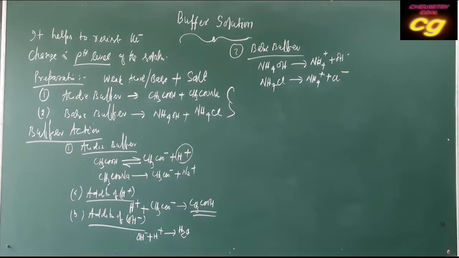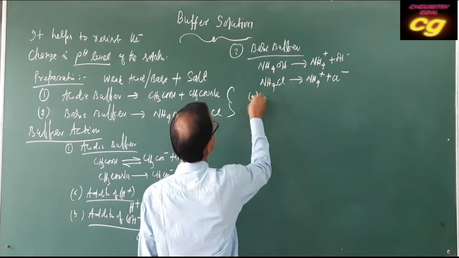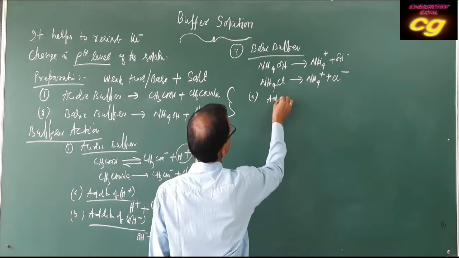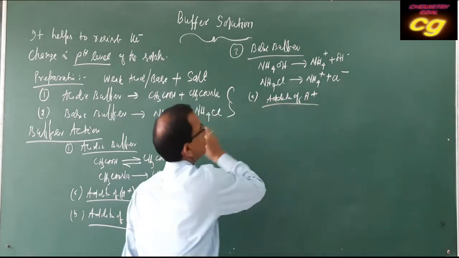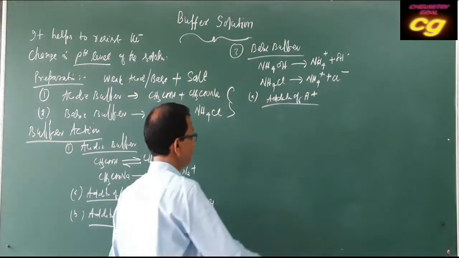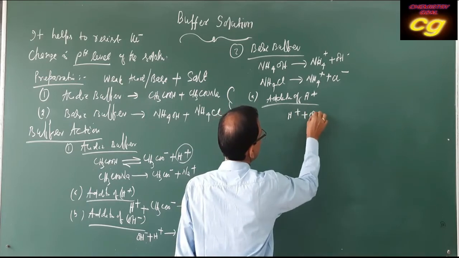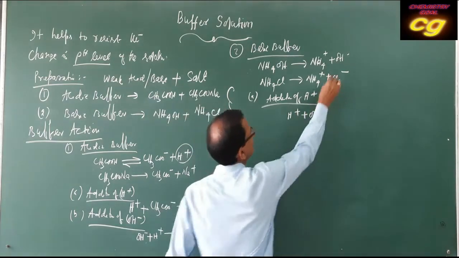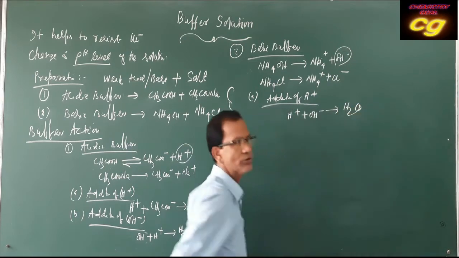Then what happens? If you add H plus ion, when H plus is added, the added H plus and the OH minus available in the solution combine, forming undissociated water molecules.